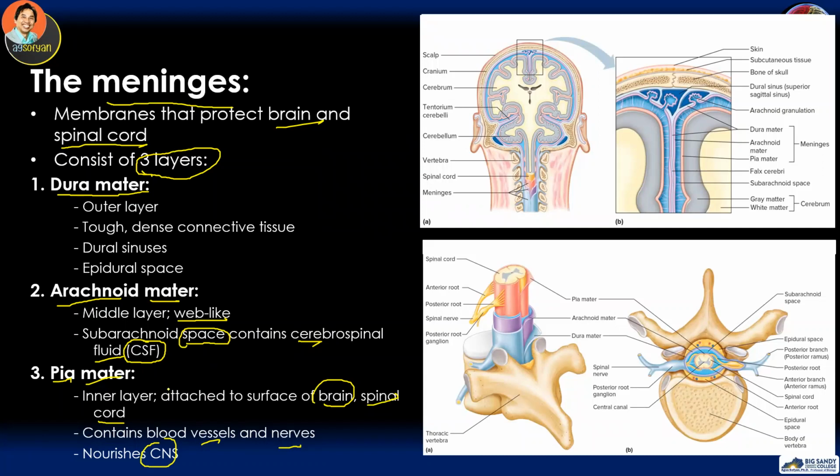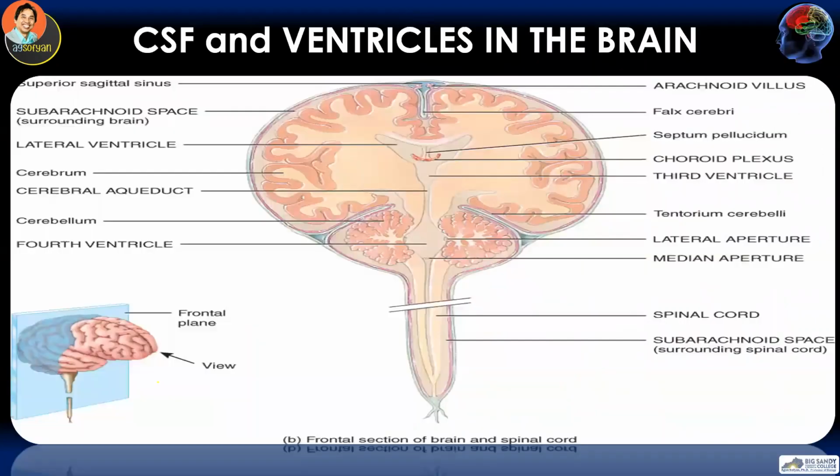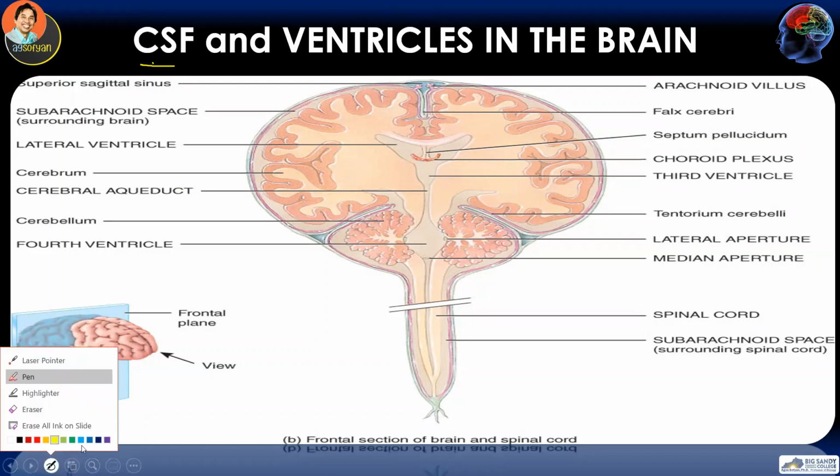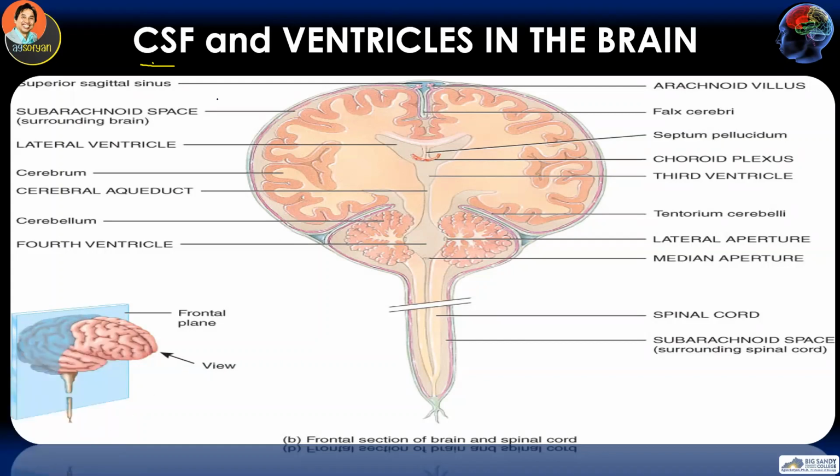And just remember also, inside those layers there is a special, very important fluid called the CSF, which also gives nutrients to the brain and the spinal cord. Okay, so we're going to focus on the CSF now. Cerebrospinal fluid is a fluid that protects the brain and the spinal cord.